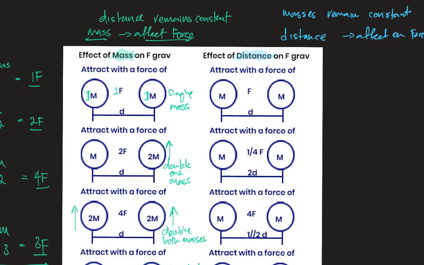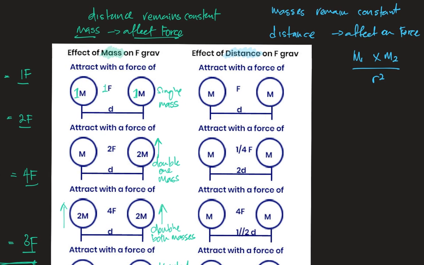So also draw these out, so it helps you out. So here we're looking at mass 1 times mass 2 all over r squared. Let's have a look at how this works.